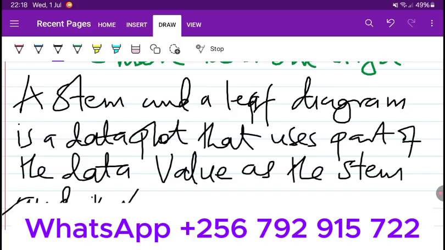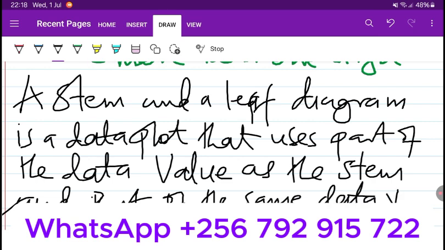Part of the same data value as a leaf, meaning in one value we have both the stem and the leaf, but they combine to form what we call a class, or they form classes or groups.